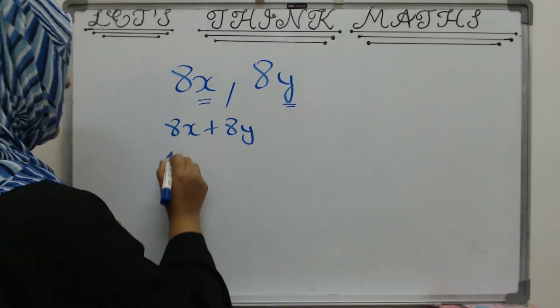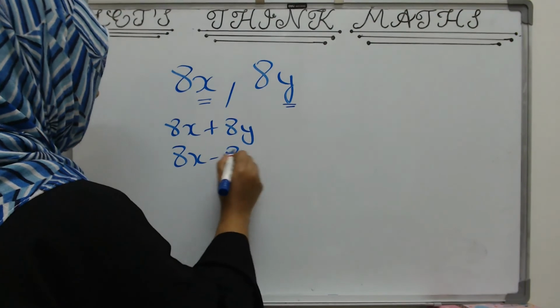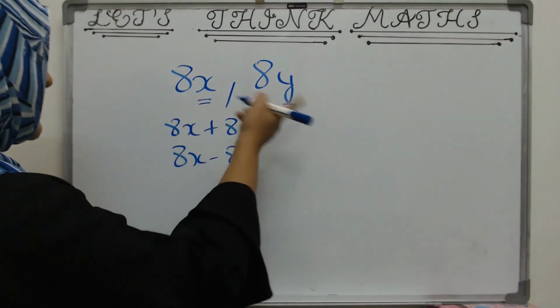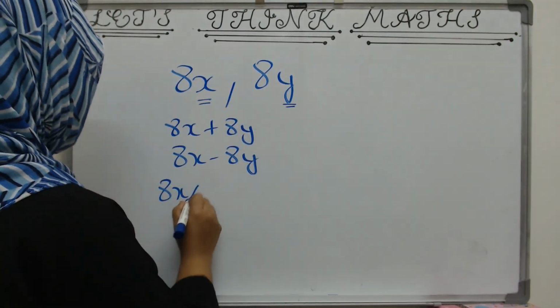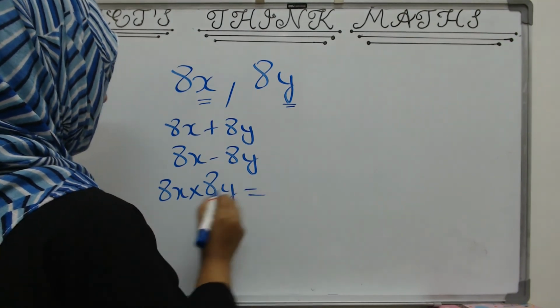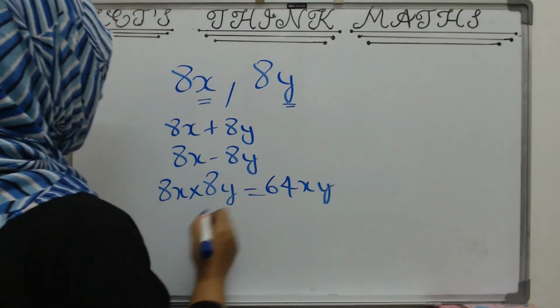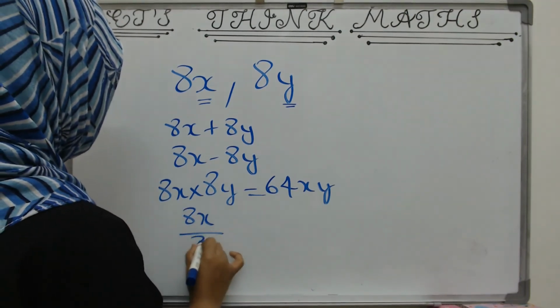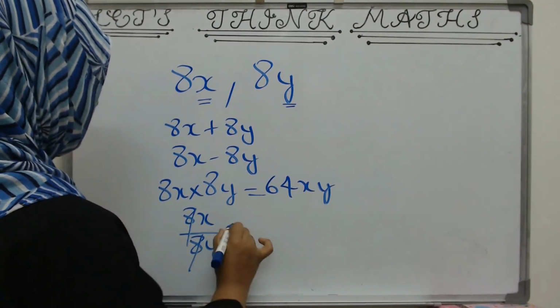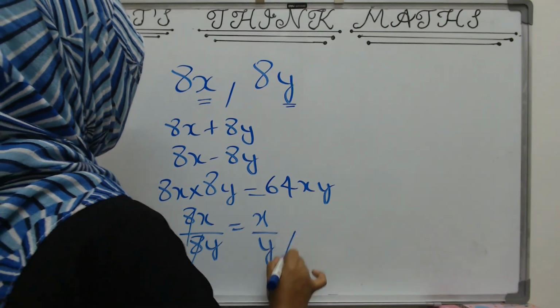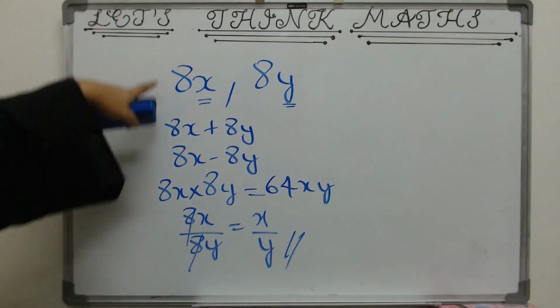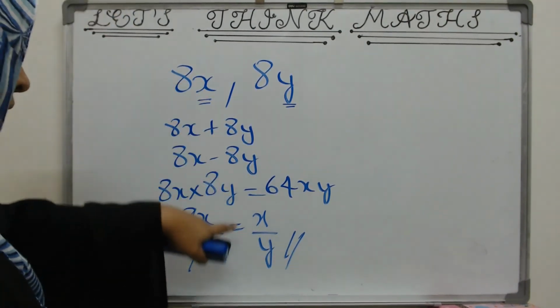How will you subtract them? Nothing more. How will you multiply them? Multiply these 2 numbers. And then how will you divide them? This is how the 4 operations work on unlike terms.